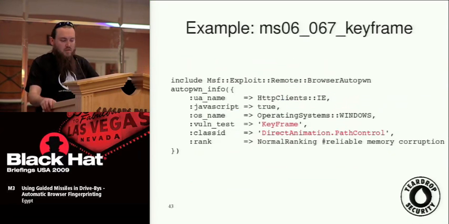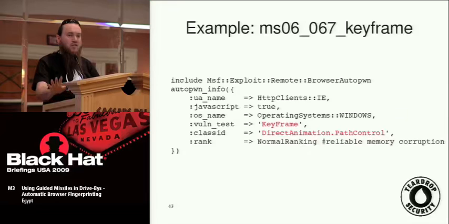And here's an example for an ActiveX object. 06067 is the venerable and awesome first published heap feng shui exploit, which is totally awesome. If you love exploitation technology, you should absolutely be reading the source code for this exploit. It's awesome. It uses a class name, directAnimation.pathControl, and the vulnerable function is called keyframe.